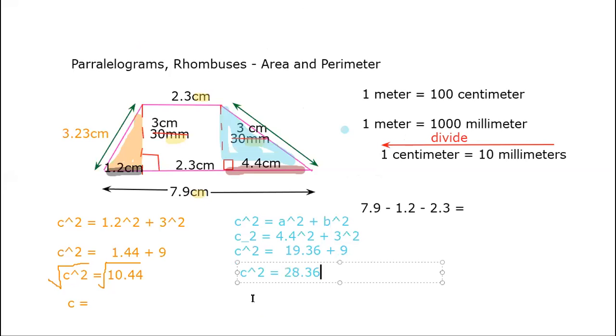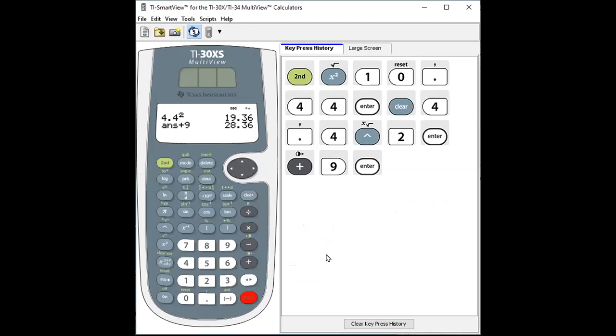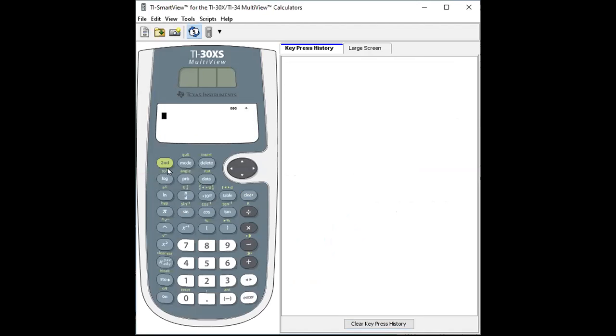28.36. How do we get c out from under that exponent? We're going to take the square root of both sides. So whatever the square root of 28.36 is, that's what our c, or our hypotenuse of this blue triangle, is. So we need the square root of 28.36. Sometimes there are shortcuts, but we're not going to take those.